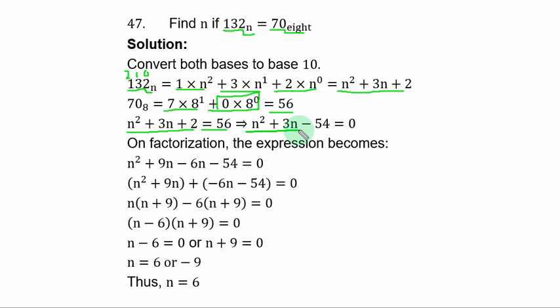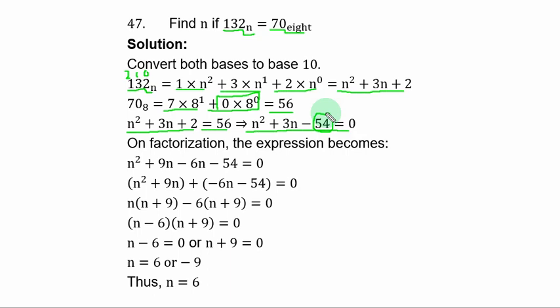After transferring it, that becomes minus 54 equal to 0. So you factorize. To factorize, you look for two factors of 54 whose sum is the middle term plus 3 in n, and the product is minus 54.